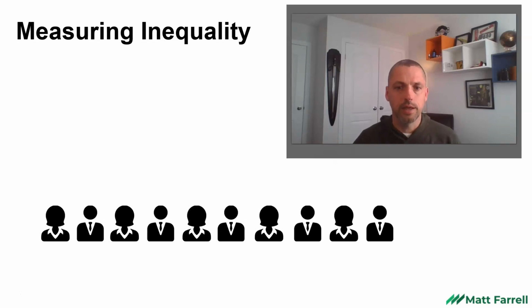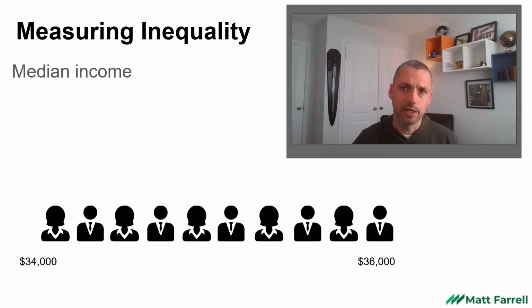And here's a brief example for illustration. Let's say we've got 10 individuals, and these 10 individuals are out dining at a restaurant. One thing we could do is try and identify the median income. And then we could compare that median income and look at how it changes over time to determine whether that is going up or down. So in this example, let's say our lowest earning individual makes $34,000, our highest earning individual makes $36,000.